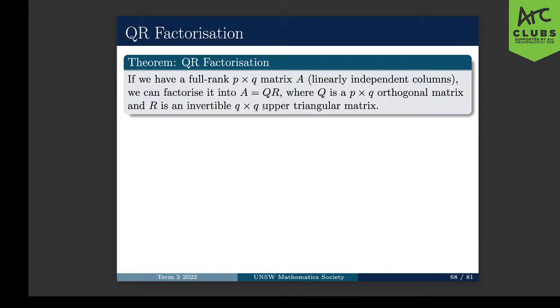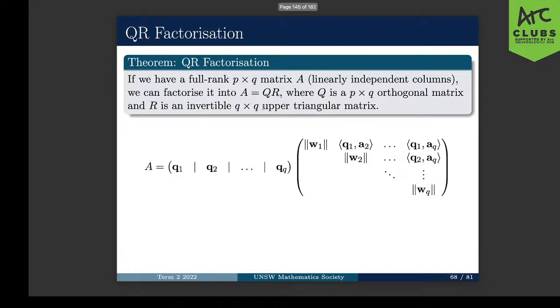And this is way better if we visualize it like this. The QR factorization for this is we have the big Q matrix. It's an orthogonal matrix, so these q1, q2, and so on up to qQ are going to be orthonormal.